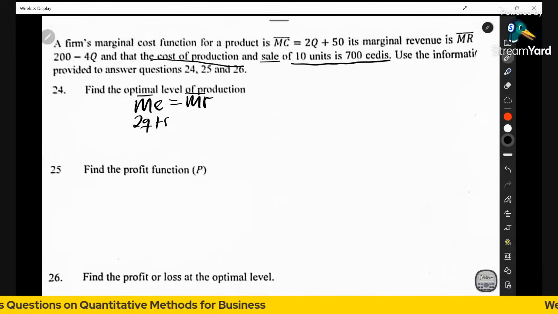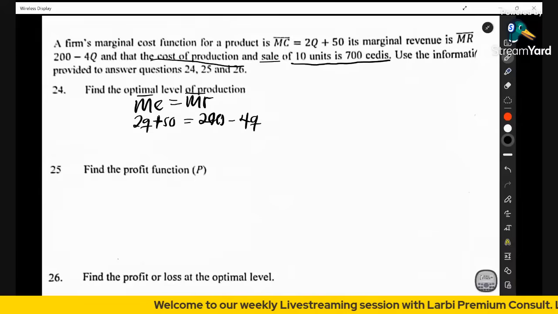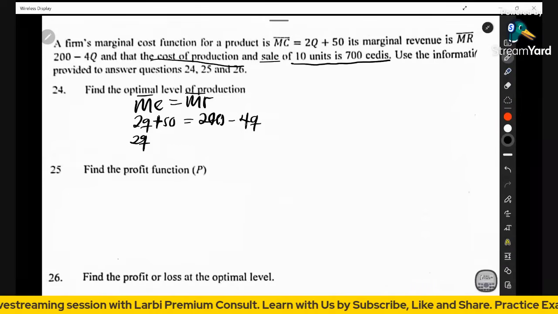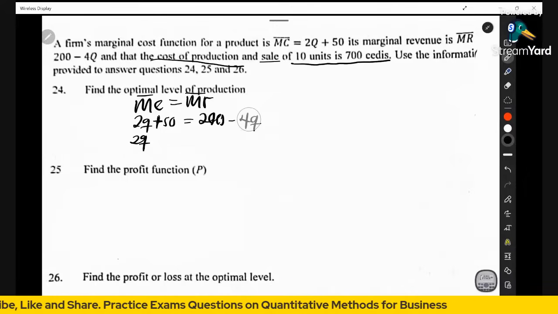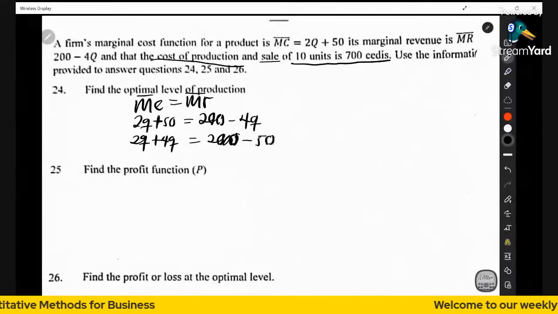Equal to 200 minus 4Q. So here, all I want to do is make Q the subject. So we say that 2Q plus 4Q is 6Q, and the 50 will join the 200, making it negative.